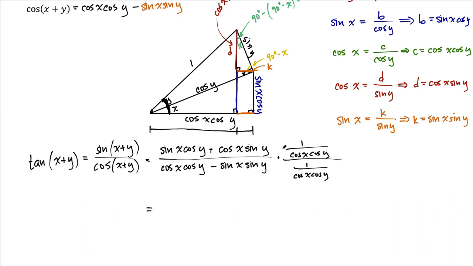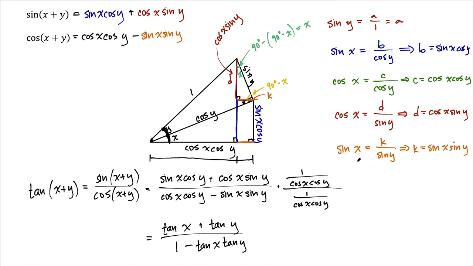And so taking this and distributing it to each of these terms, sine of x times cosine of y over cosine of x cosine of y, the cosine of y will cancel, and we get sine of x over cosine of x, which is tangent of x, plus cosine of x will cancel out, and sine of y over cosine of y, that's tangent of y. All over cosine x cosine y times 1 over that same thing is just 1. And then minus sine of x over cosine of x is tangent of x. And sine of y over cosine of y is tangent of y.